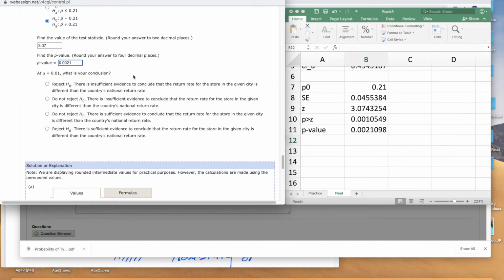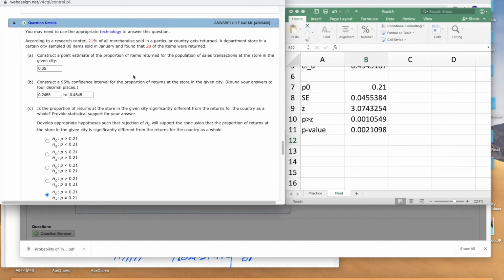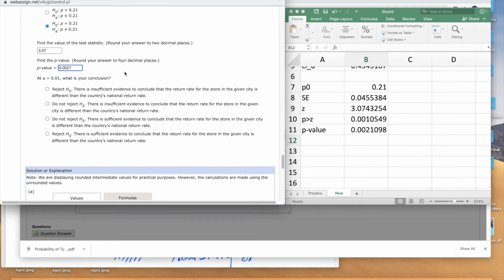That's the statistical jargon way of saying it: p-value is less than alpha, reject the null hypothesis. The actual real-world way to say it is the probability of observing a 35% item return rate, if the true rate is 21%, is less than 1%.